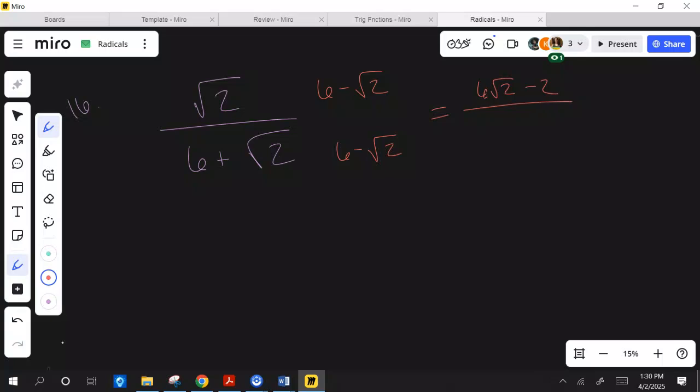On the bottom, it equals 4 and then the square root of that is 2. Remember, the square root of anything times the square root of the same anything just gives you the anything without a square root. Yes. That's what happens.